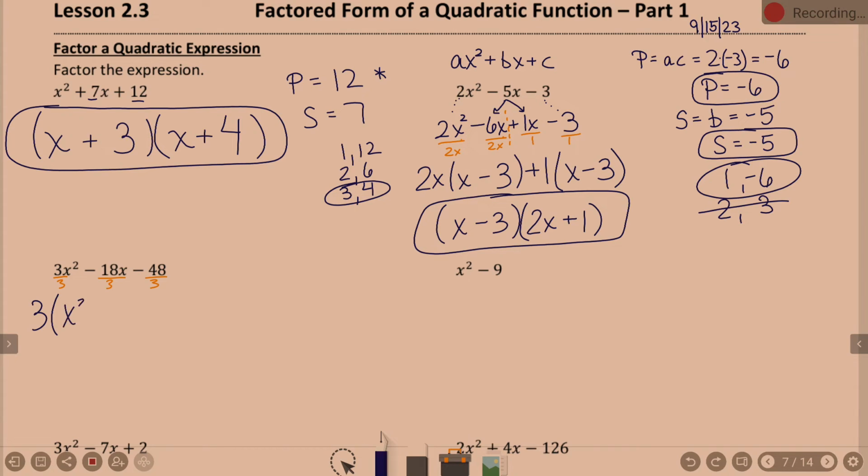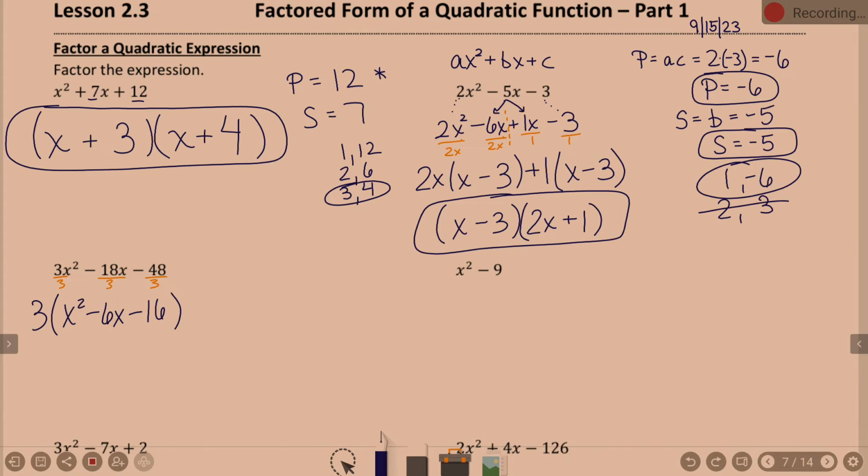Minus 18x divided by 3 leaves me with minus 6x. Minus 48 divided by 3 is negative 16. So, there's an example with a GCF.